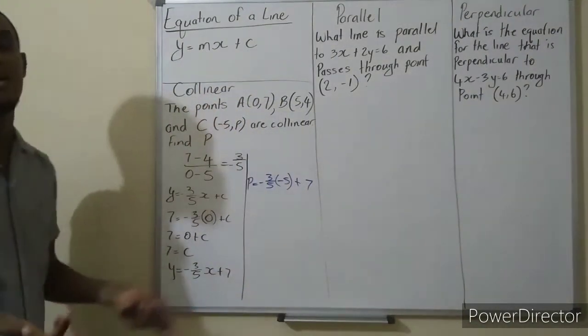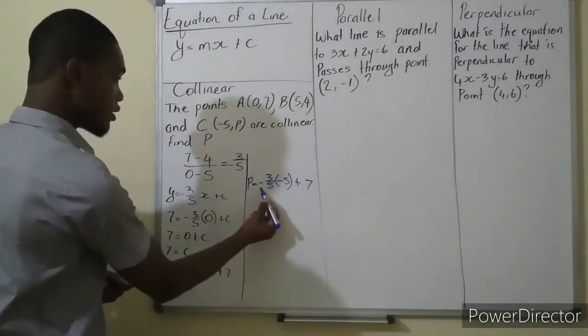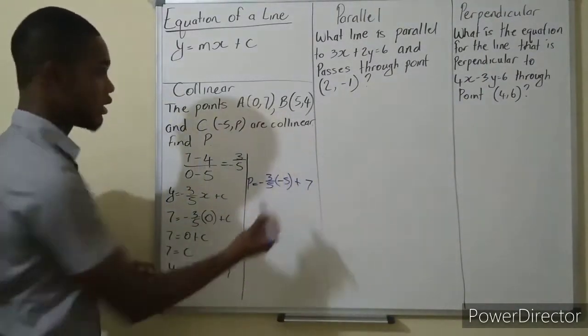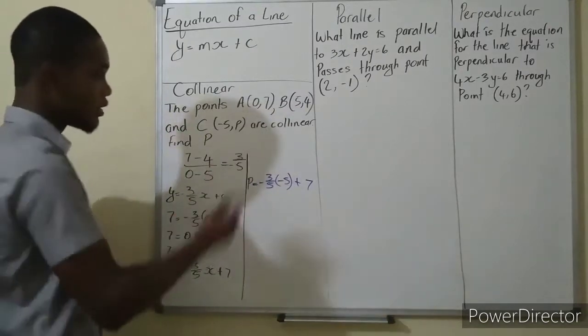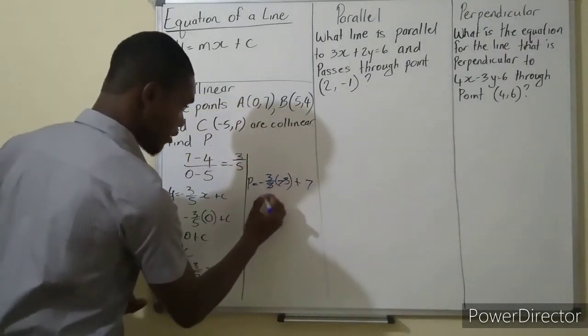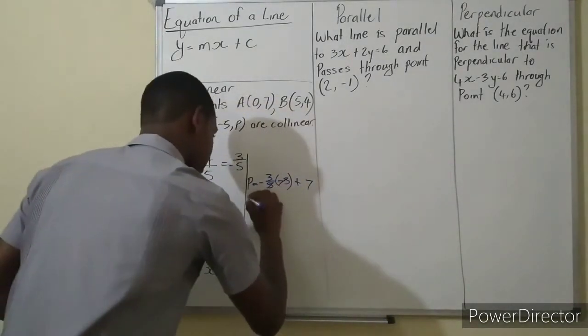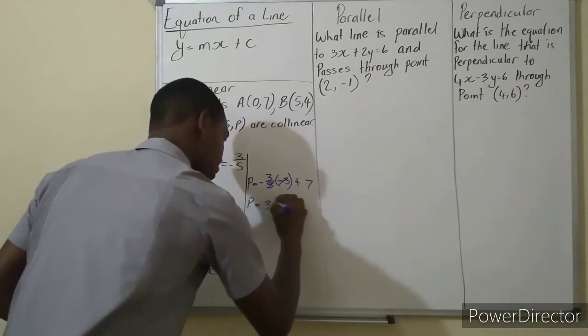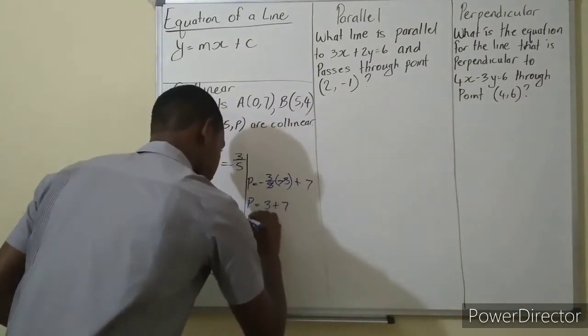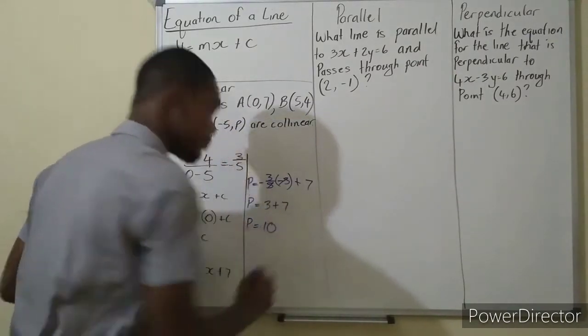Now you'll work it out mathematically. Negative 3 over 5 times negative 5, the 5s cancel out, so you basically say p is equal to 3 plus 7. So p is equal to 10.